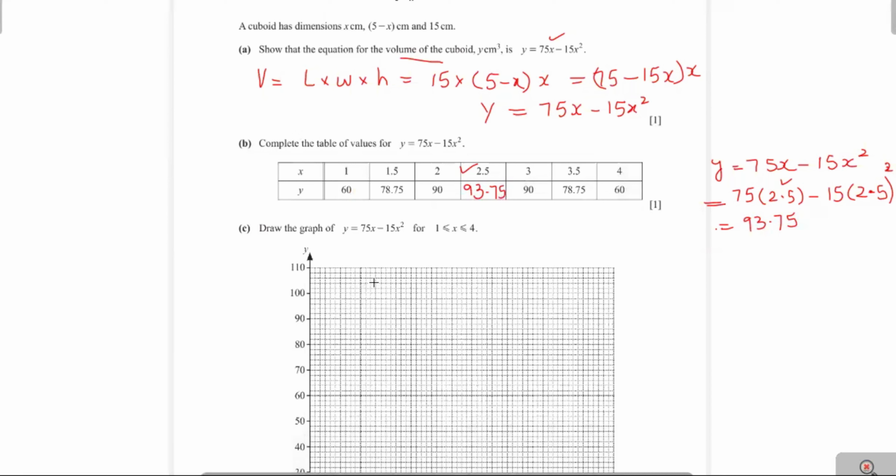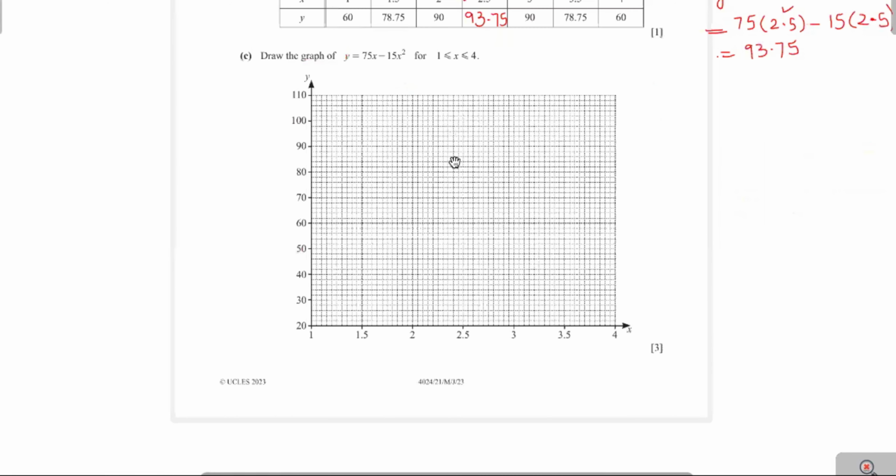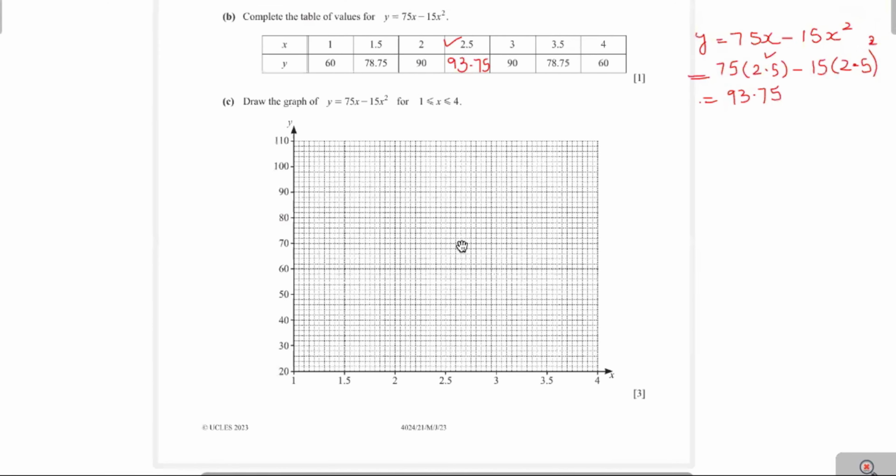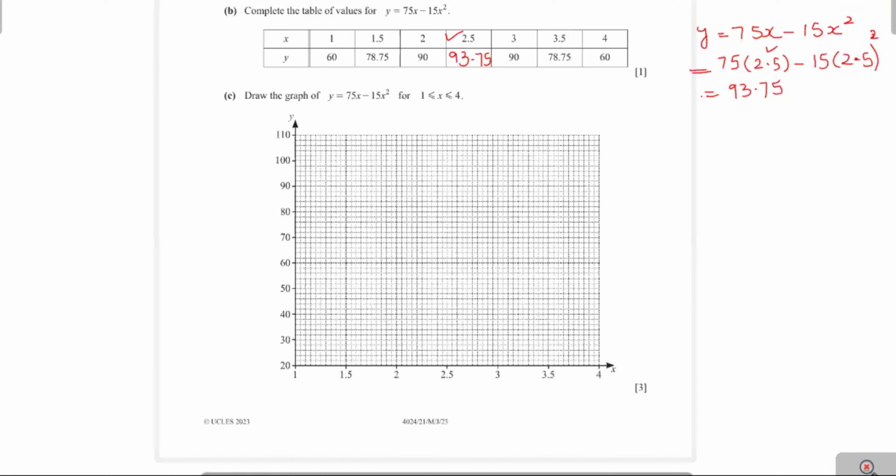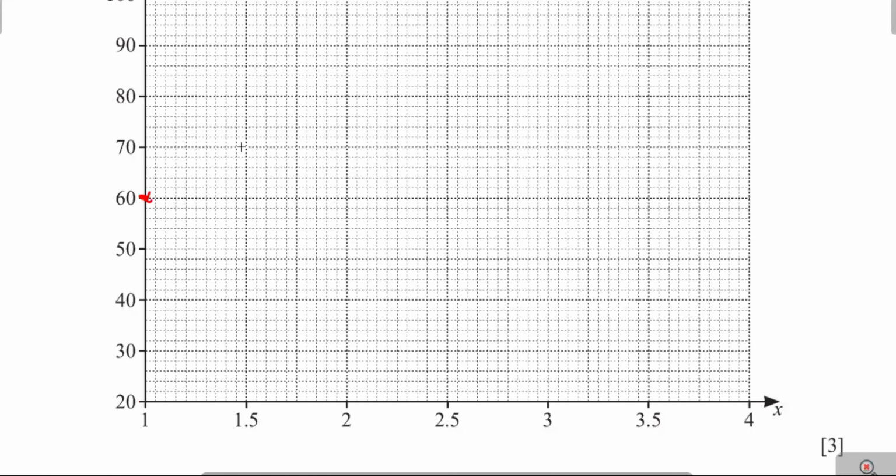Next part C, draw the graph of y equal to 75x minus 15x squared for x greater than 1 and less than 4. Now we draw the graph here. You see here first value x is 1, y is 60. We mark this point here. Next is x is 1.5 and y is 78.75.